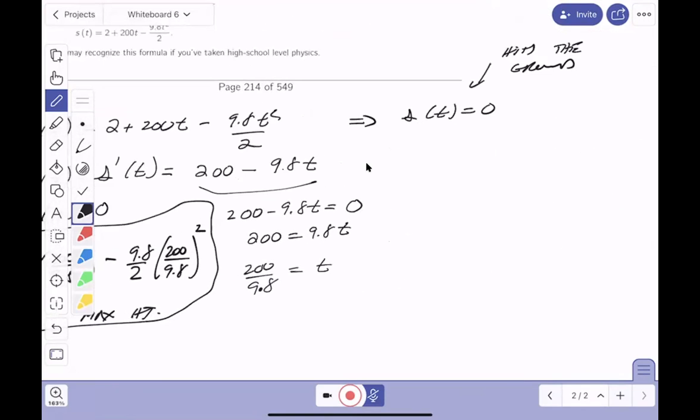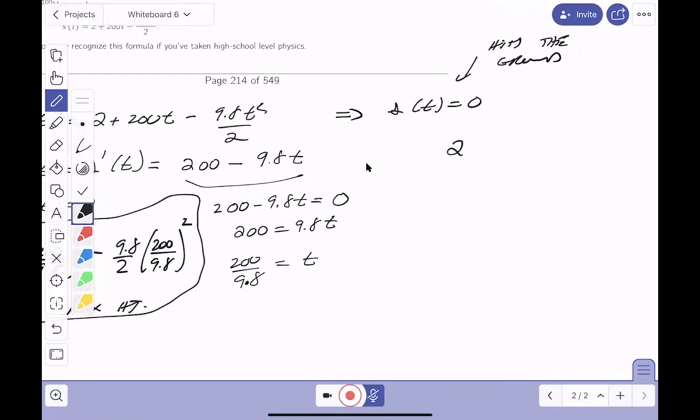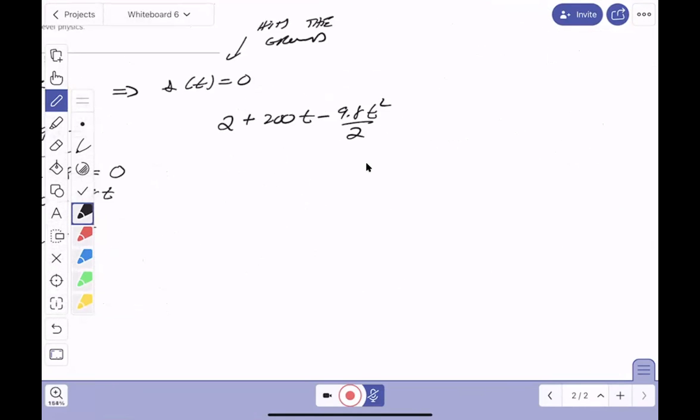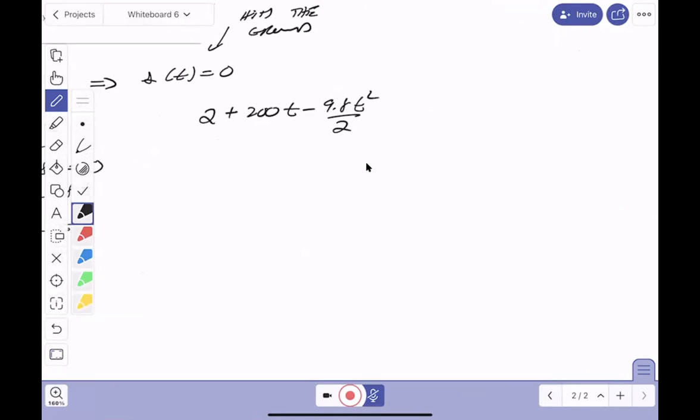Let's see if we can figure that out. So what do you get? 2 plus 200t minus 9.8 t squared over 2 equals 0. Yes, I know for a lot of students, the arithmetic is going to kill them. But here's the deal. I'm going to multiply both sides by minus 2. I'll write that down for you. What do you get on the right side? 0.